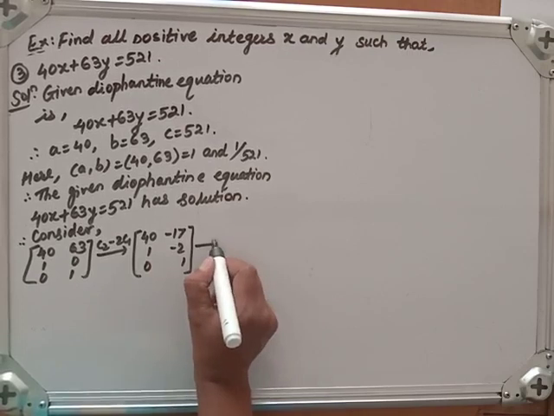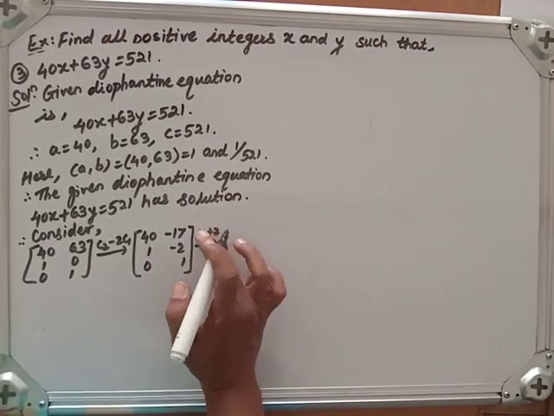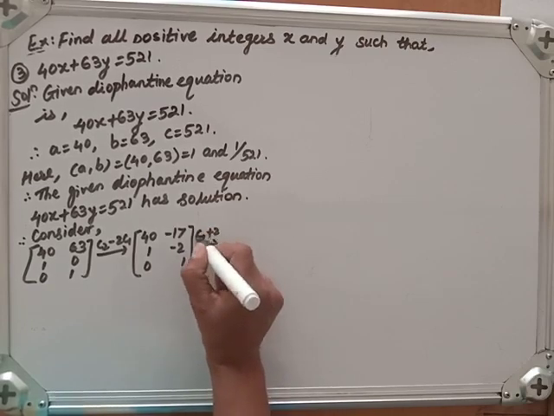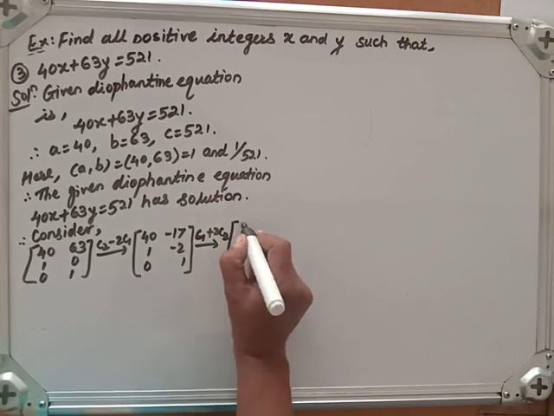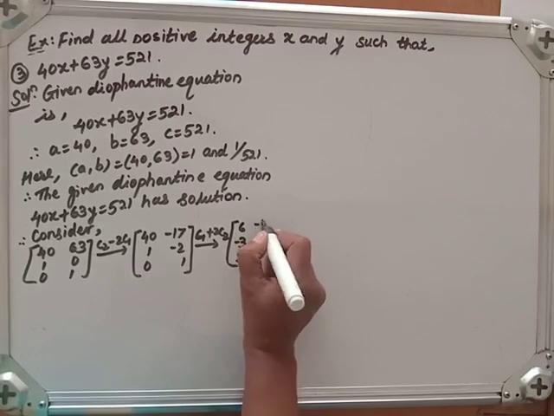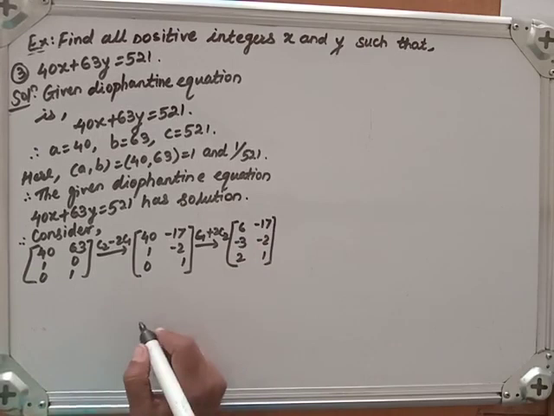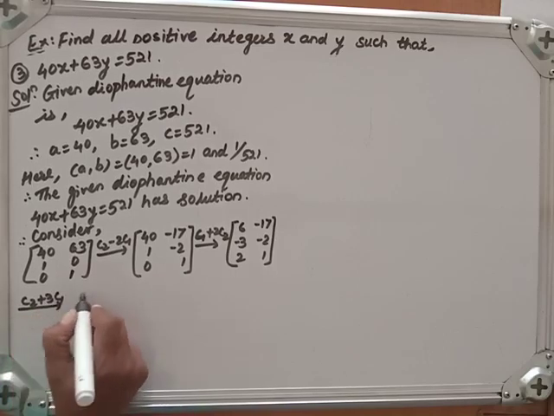Then, C1 plus 2 C2. So what does this give? 6, minus 3 and 2. This is minus 17, minus 2 and 1. Then next part, C2 plus 3 C1.